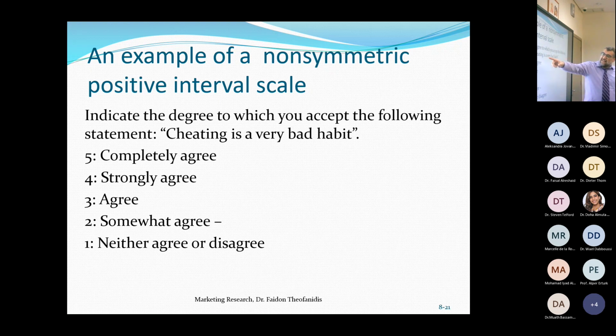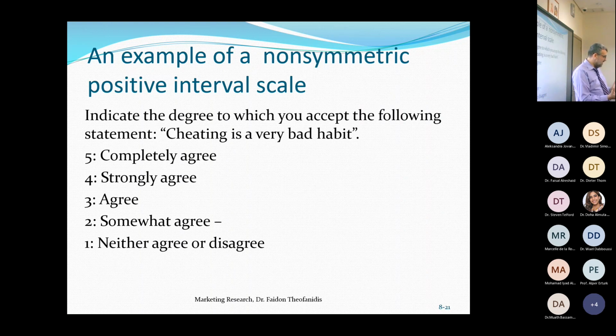So that's why we want to give the different points of the scale on the agreement side. It's possible. Why? Because it's a sensitive issue, an ethical issue, and those who would like to cheat will still answer 1. They have their opinion.